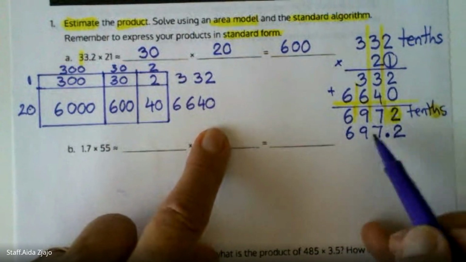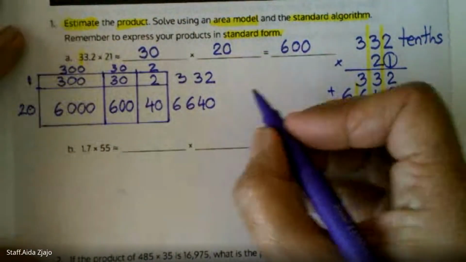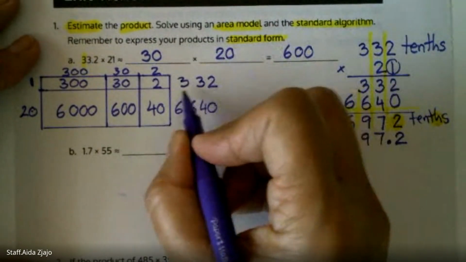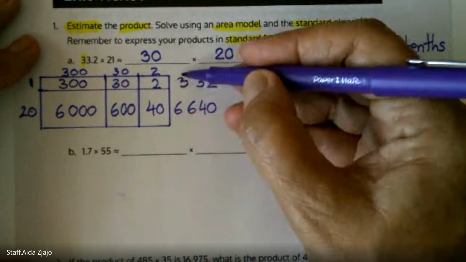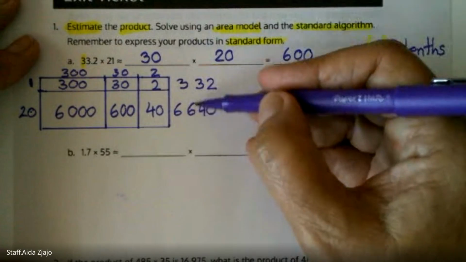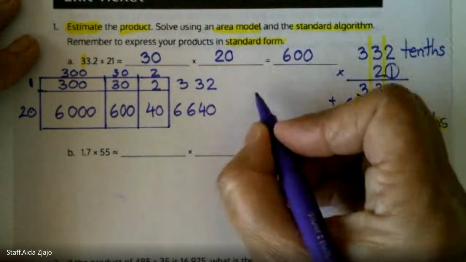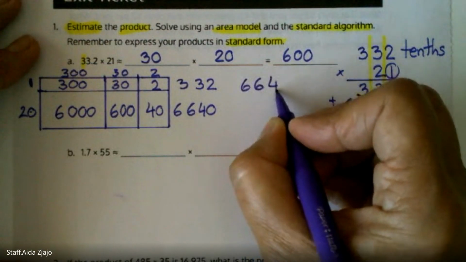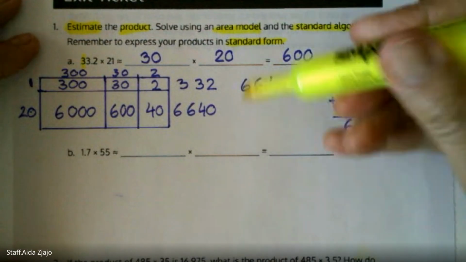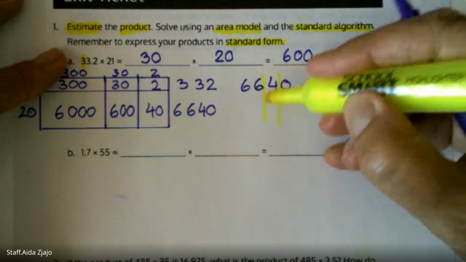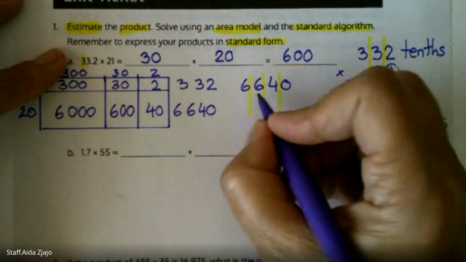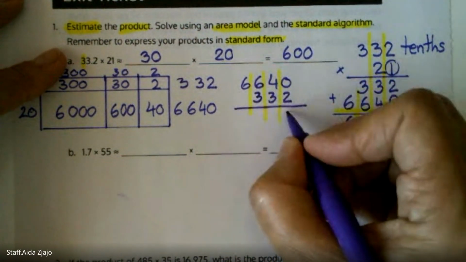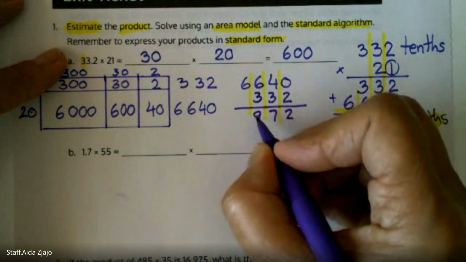So when you add these together, I didn't put the place value correctly, so I can do 6,640 first, and then add 332 below, and the answer will be the same.